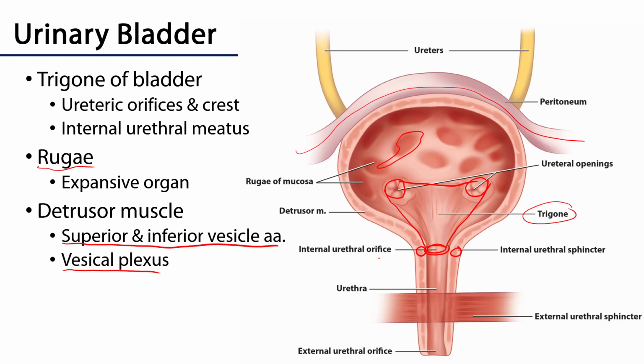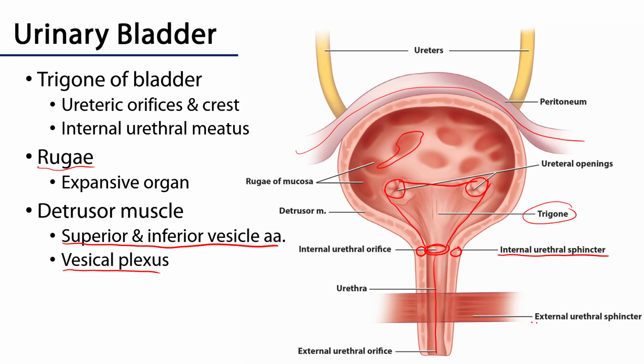Before we move on, though, I want us to appreciate that where that internal urethral orifice is, the detrusor muscle surrounding that orifice is going to form an internal urethral sphincter. Now, because the detrusor muscle is innervated by the vesical plexus, that internal urethral sphincter is going to be under autonomic control. As the urethra descends, it's going to move through a musculomembranous portion of the pelvis, and those muscles are going to form an external urethral sphincter.